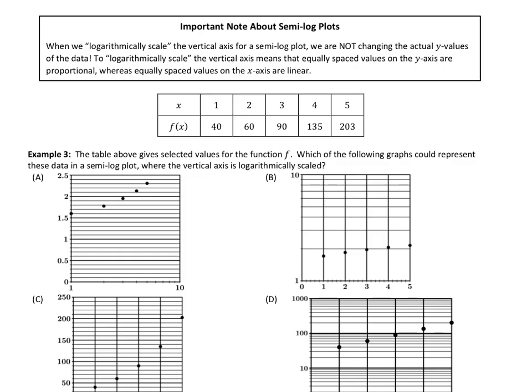Okay. So some important information about semi-log plots. When we logarithmically scale the vertical axis for a semi-log plot, we are not changing the y values. I know it looks like it because we're plotting them at different numbers. We're not changing the y values. We are actually equally spacing the y-axis proportionally so that the output values are the same.